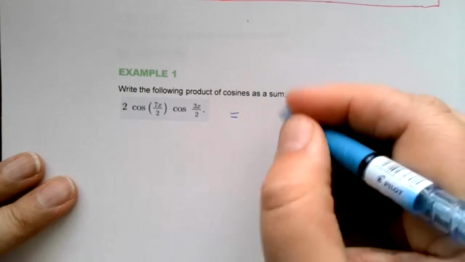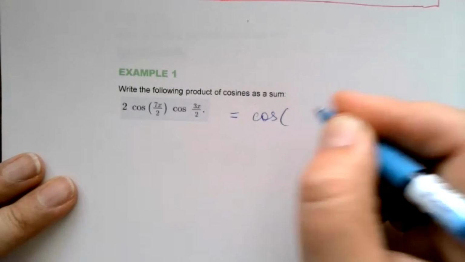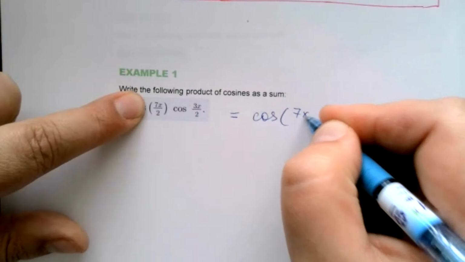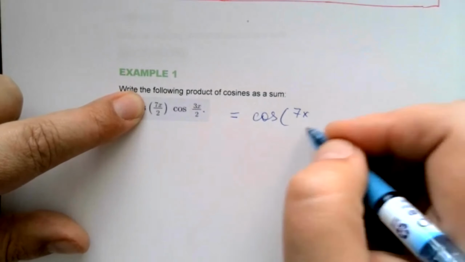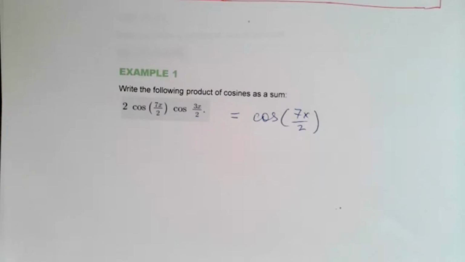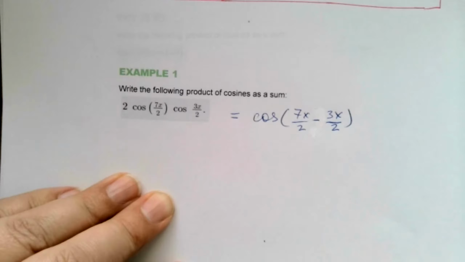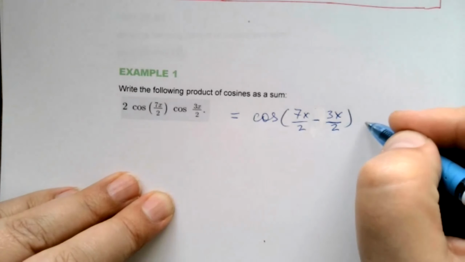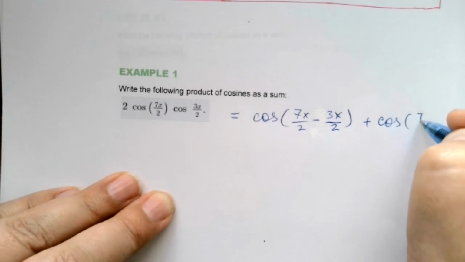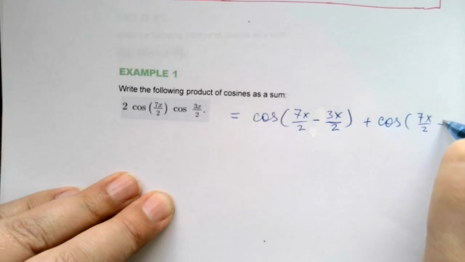Well, that equals the cosine of the difference between those two angles, 7x over 2 minus 3x over 2, plus cosine of 7x over 2 plus 3x over 2.